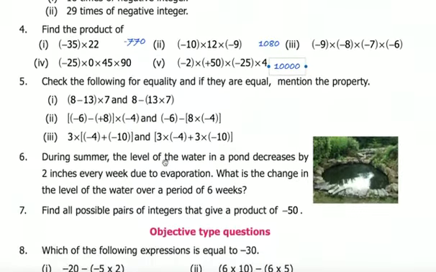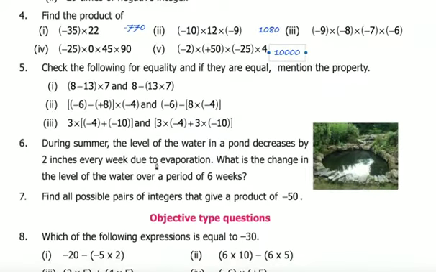Check the following for equality, and if they are equal, mention the property. No, both are not equal. 5 minus 5 into 7 is minus 35.